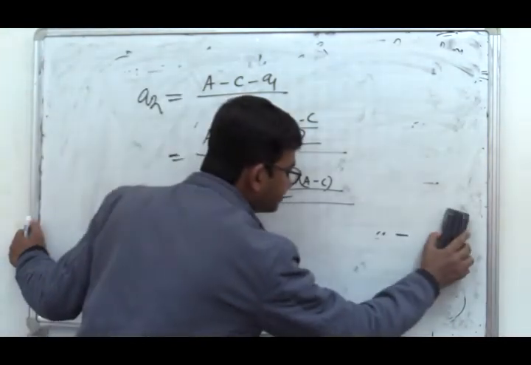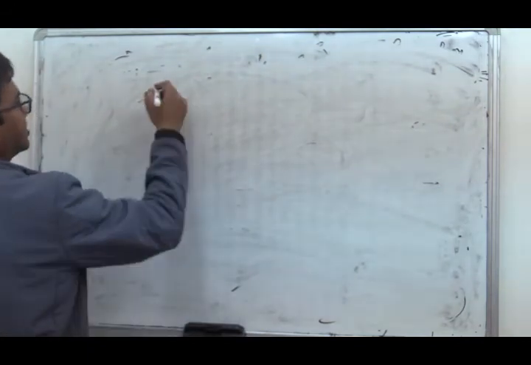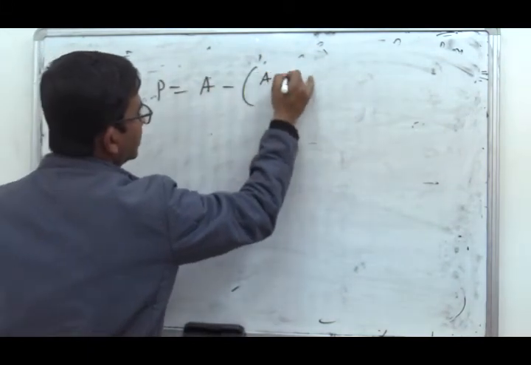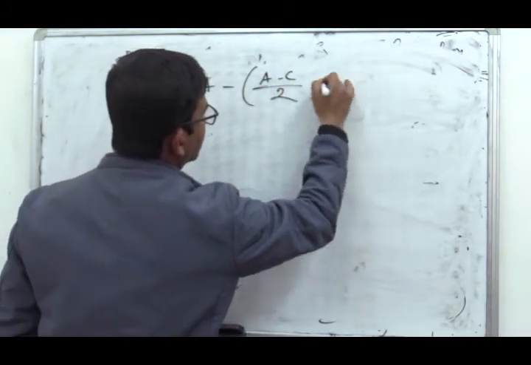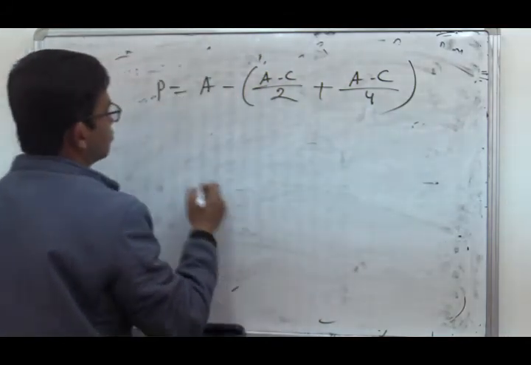And now, what will be the price? Price will be A minus (A minus C) by 2 minus (A minus C) by 4.